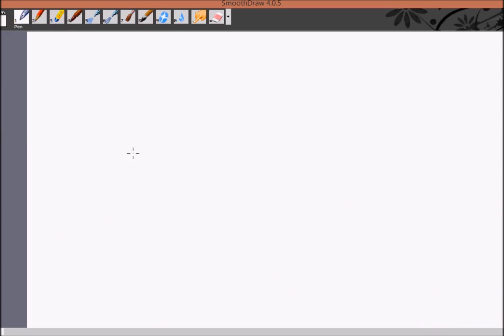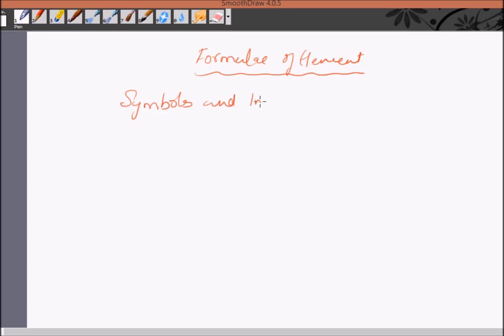Here we have understood the types of molecules which we have in nature, and how we represent the formula of an element in the chemical formula, which is also important to know. So how do we represent the formula of an element? We represent it by symbols and numbers, right?